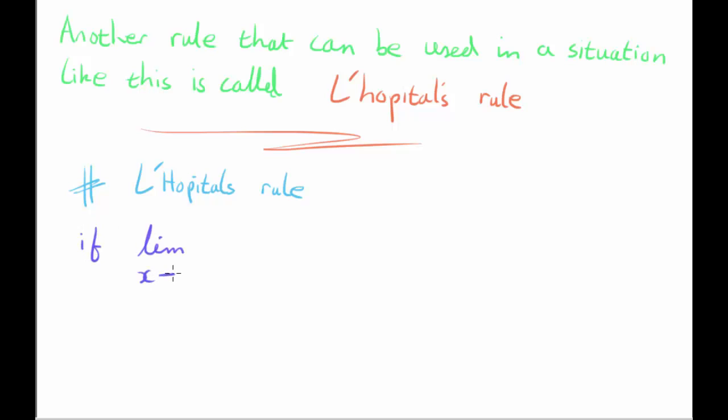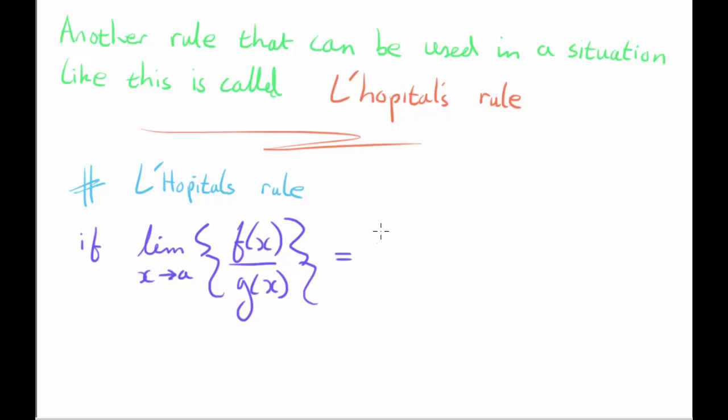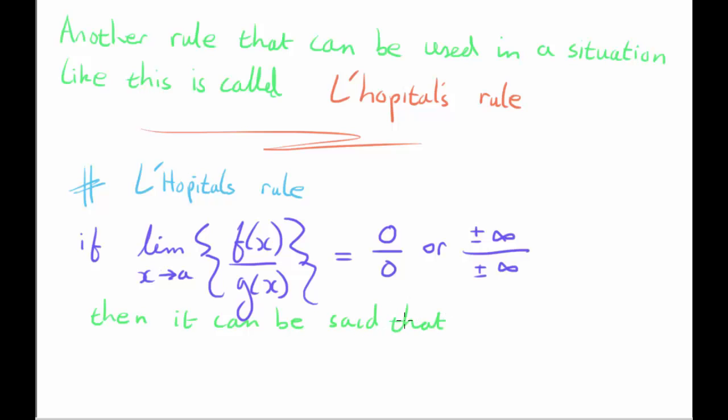If you're taking a limit as x goes to a, where the top part is f of x and the bottom part is g of x, and that is equal to 0 over 0, or plus or minus infinity over plus or minus infinity, then you can use L'Hopital's rule and you'll come up with the same answer.